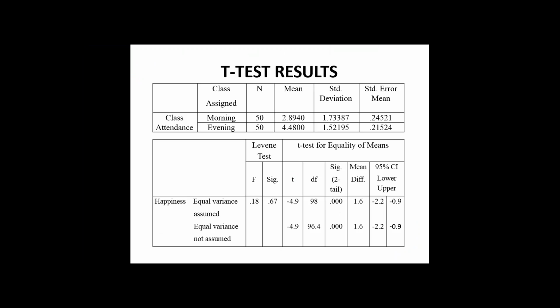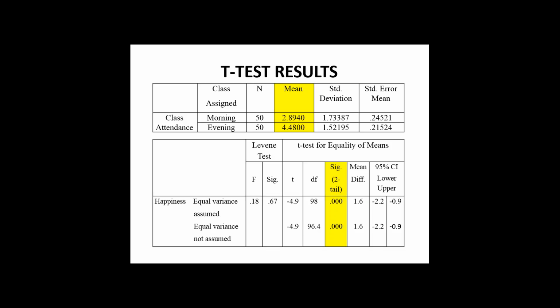All right, so the t-test results. Again, lots of numbers. Which ones do we look at? These are the ones to look at. In the second box, the highlighted one is the statistical significance. It's below 0.05, 0.000, so there's a significant relationship. Also, you want to pay attention to where it says F, the first little column there, and Sig. That's the Levene's test.